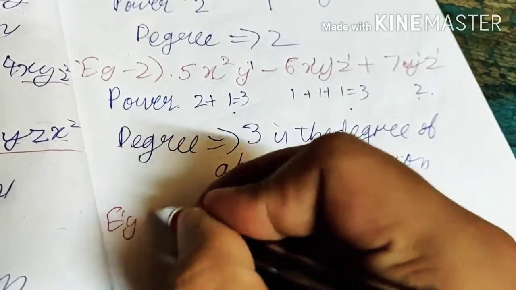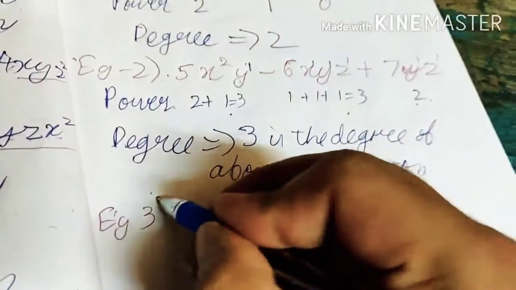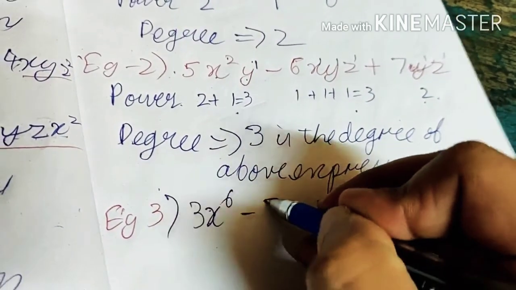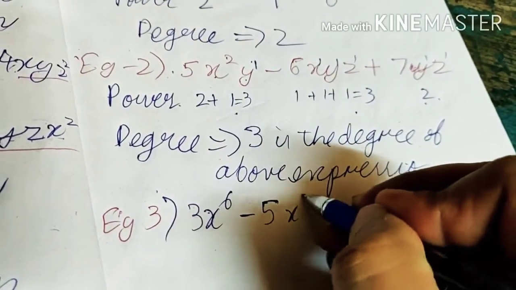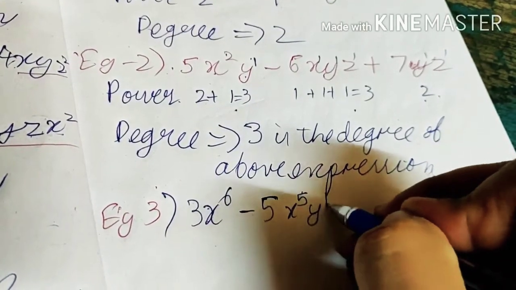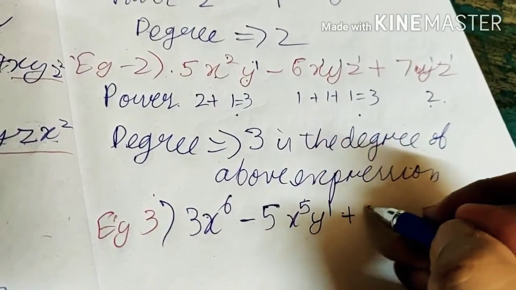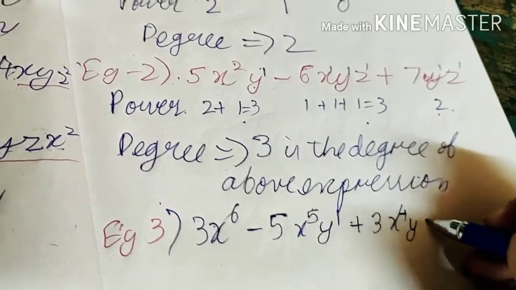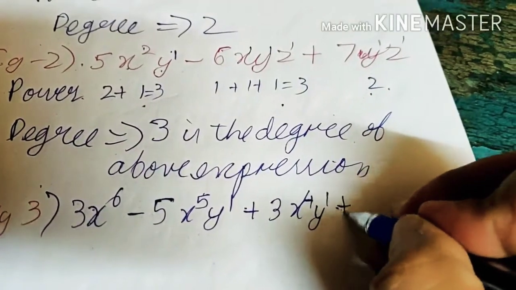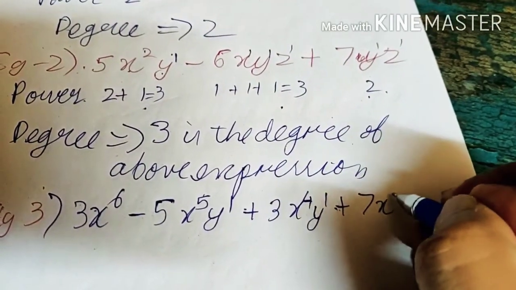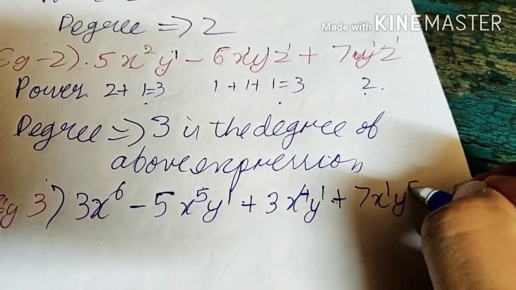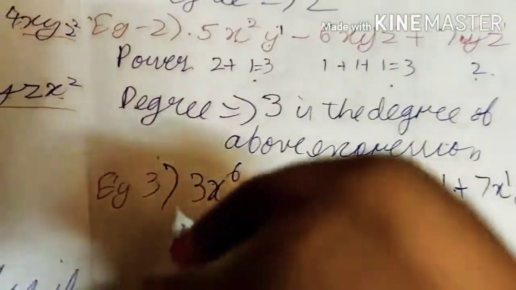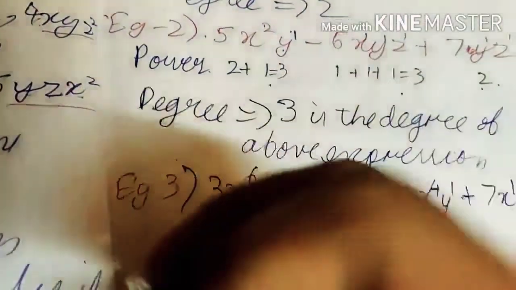Example 3 here is x to the power 6 minus 5x to the power 5 y to the power 1 plus 3x to the power 4 y to the power 1 plus 7x to the power 1 y to the power 6. Again we calculate the power of each term.